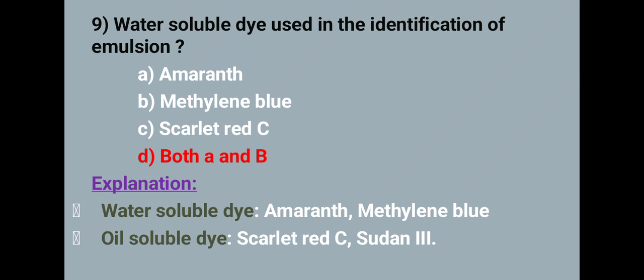So water soluble dye is amaranth and methylene blue, and the oil soluble dye is scarlet red sea and Sudan tree. So using these dyes we can identify the emulsion. So if oil in water emulsion means water soluble dye is used. To determine water in oil emulsion means oil soluble dye is used.